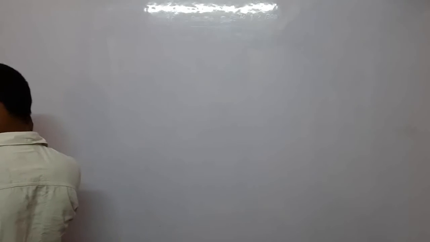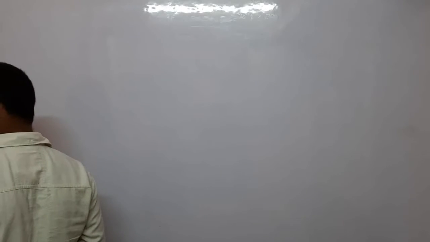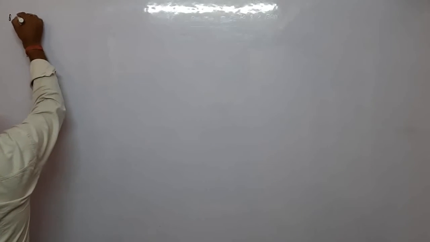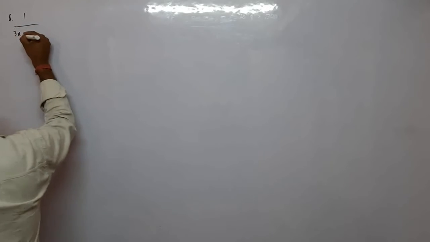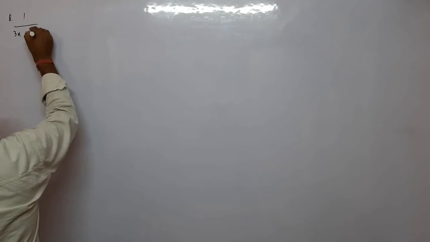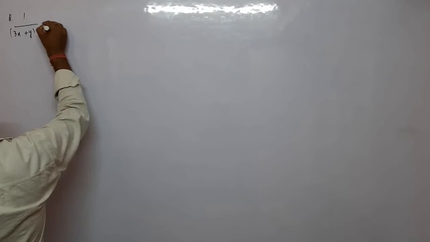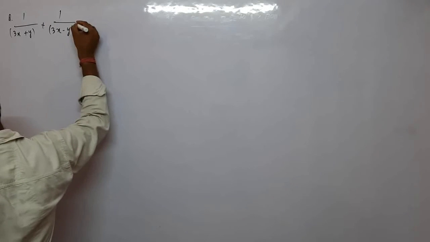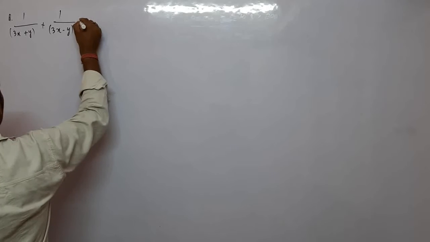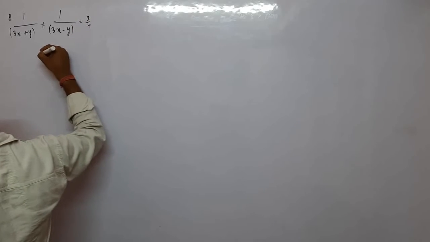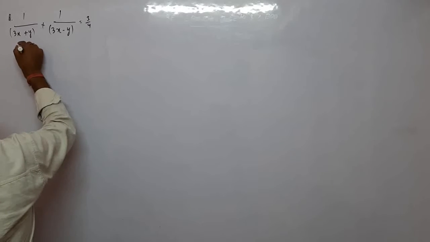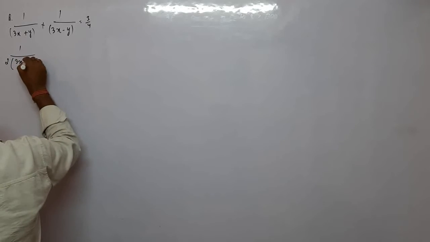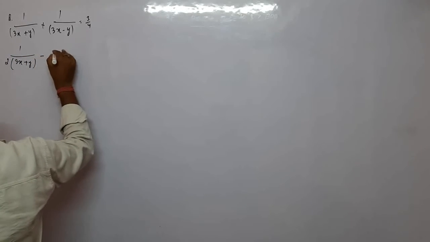A question is given to students: 1 by 3x plus y, plus 1 by 3x minus y, equal to 3 by 4, and 1 by 2 into 3x plus y, minus.